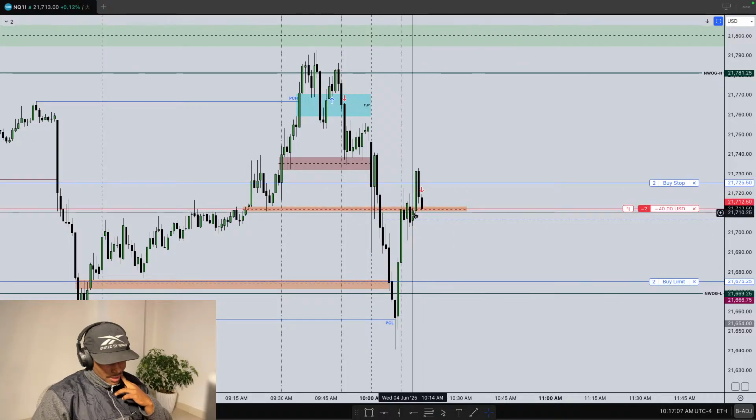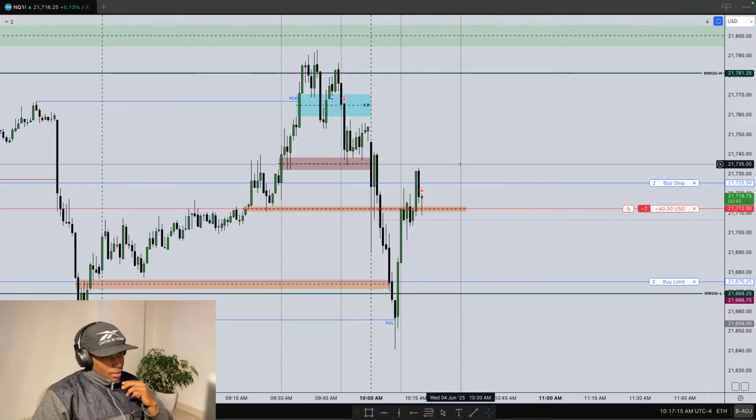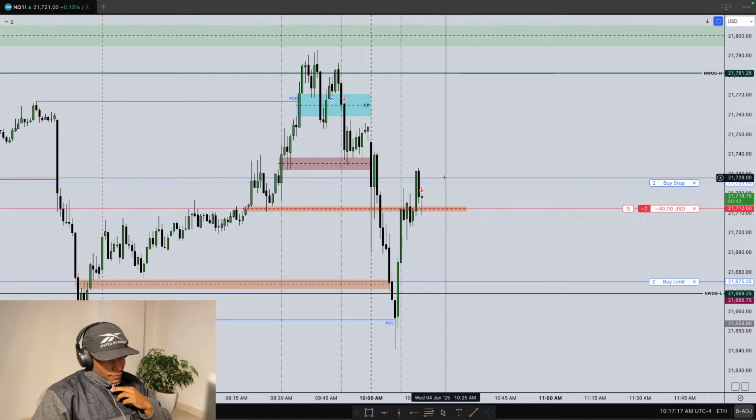Yep, it just tagged me in. Now I'd want to see a trade below that. Yep, that completely qualifies my trade idea. Now, exactly, this is also perfectly part of my trading model. Even if it stops me out, again, that's part of my model.